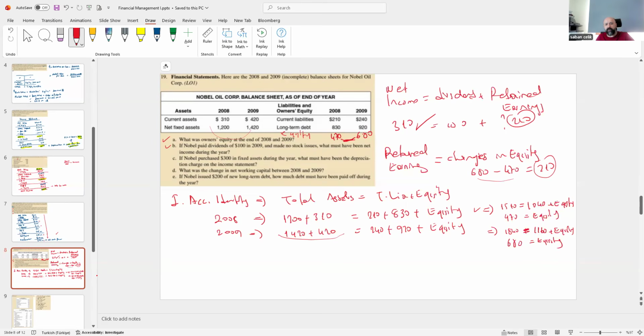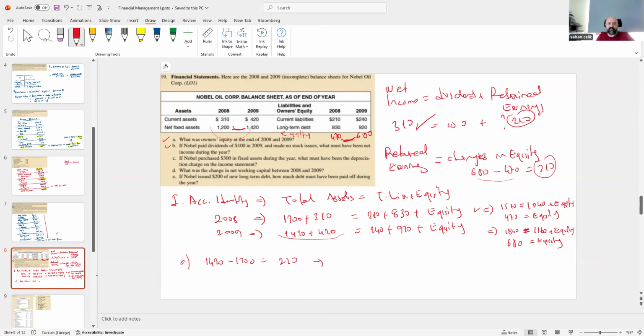And C, if Noble purchased 300 in fixed asset during the year, what must have been the depreciation charge on the income statement? Well, look now at the fixed asset over here, the change in the fixed asset. So change in the fixed asset will be 1,420 minus 1,200, which is 220.